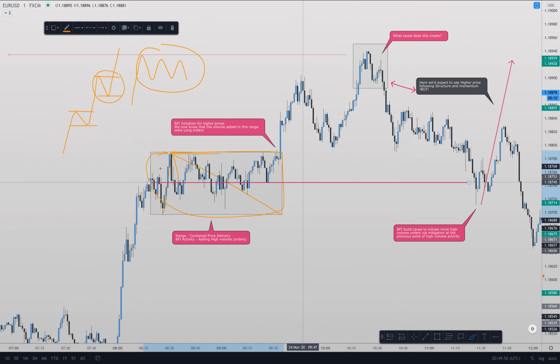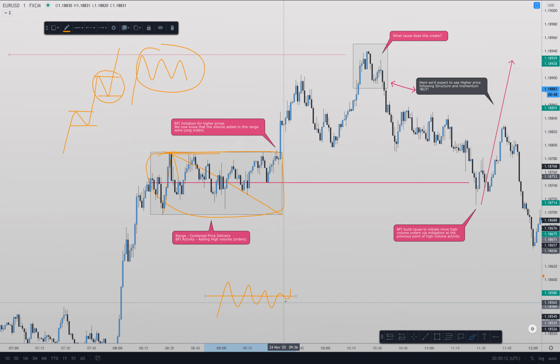But this is essentially like a block in the market, or a zone or a point of interest in a market that is likely to see a reaction because the duration of time spent between these two price levels is showcasing that there was a longer amount of activity.